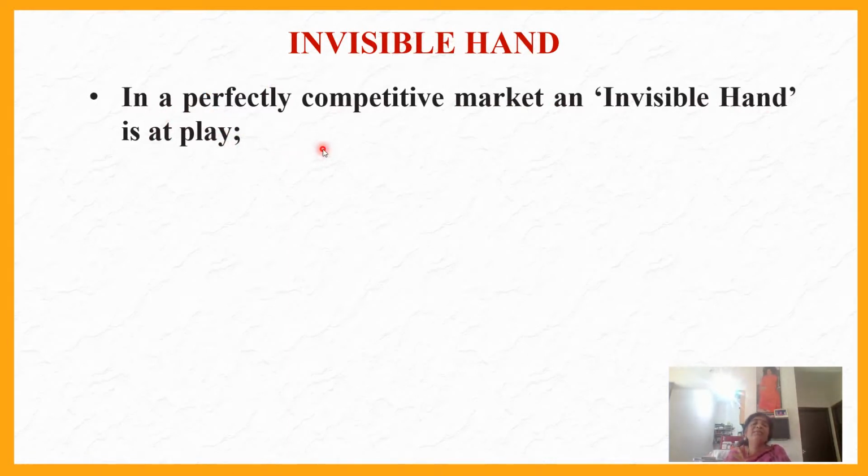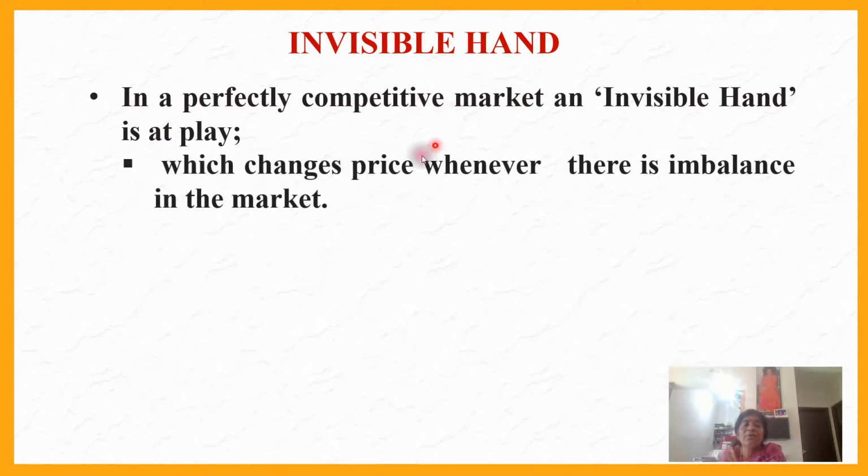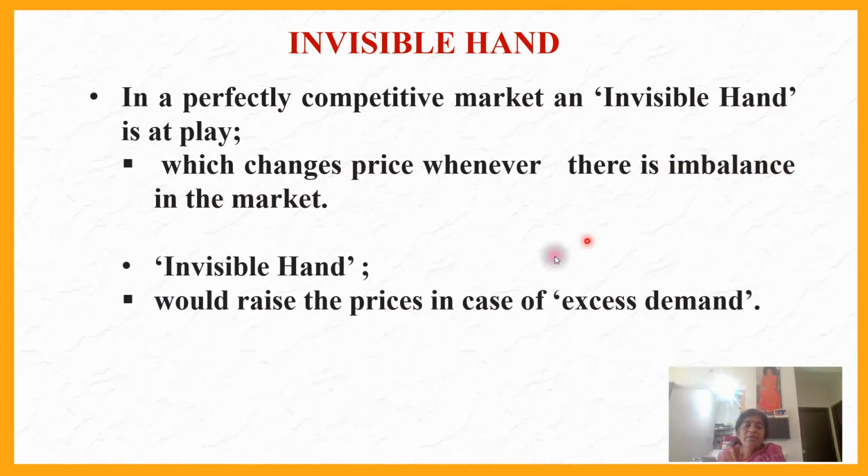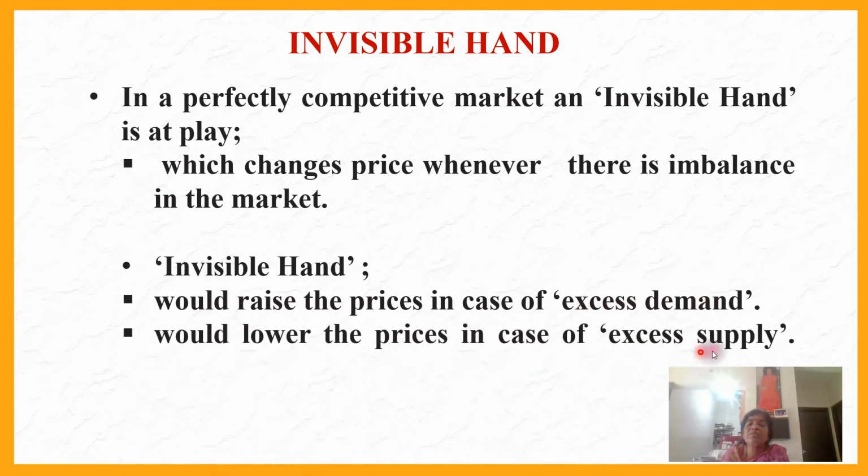That means without any interference of any government or individual producers and consumers, automatically these market forces, which are called the invisible hand, will bring the price back to the equilibrium whenever there is an imbalance in the market. What is that imbalance? Below the equilibrium price, there will be an excess demand. Above the equilibrium price, there will be an excess supply. Therefore, the invisible hand would raise the prices in case of excess demand, and lower the prices in case of excess supply.